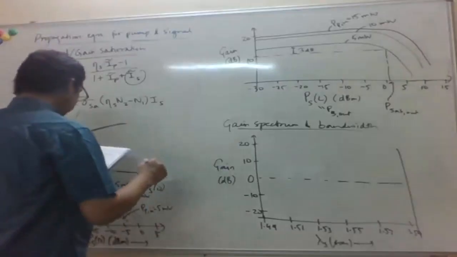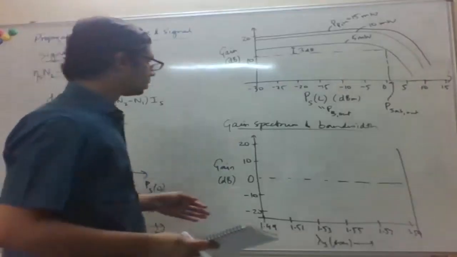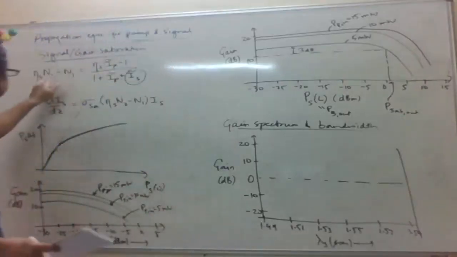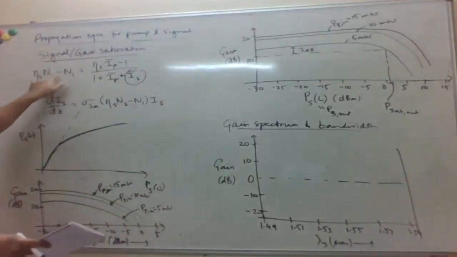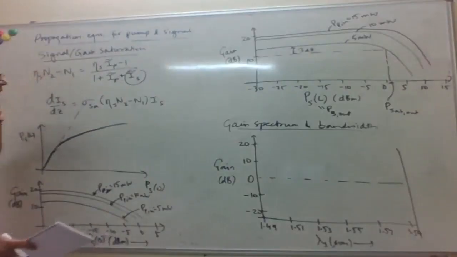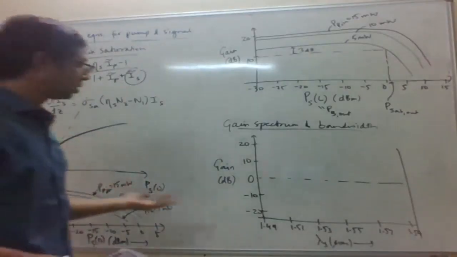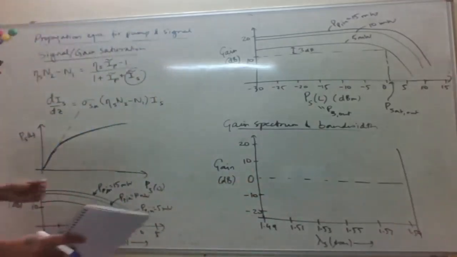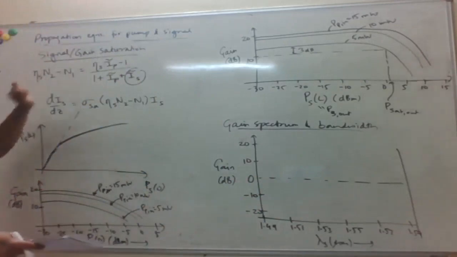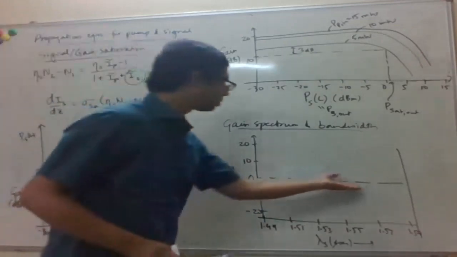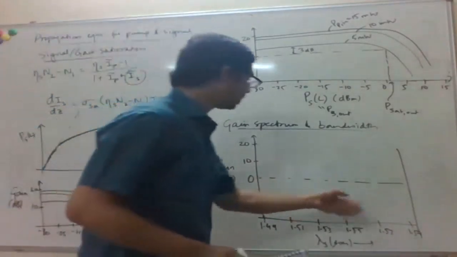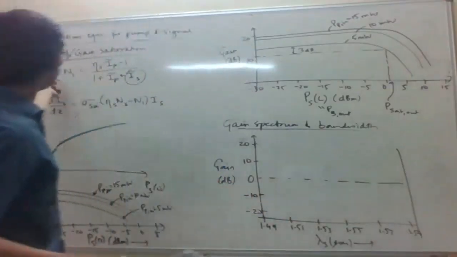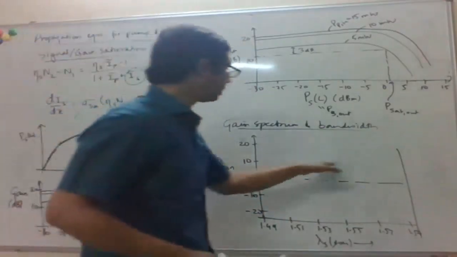Then as we increase pump power, recall all these were functions of frequency. This depended on the emission and absorption cross sections, which are functions of wavelength. So as we change pump power, we change N2 and N1, but that is a function of wavelength. For different signal wavelengths, the population inversion, hence the gain value, will be different.